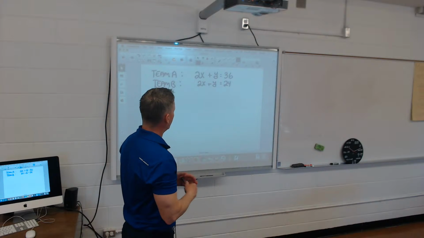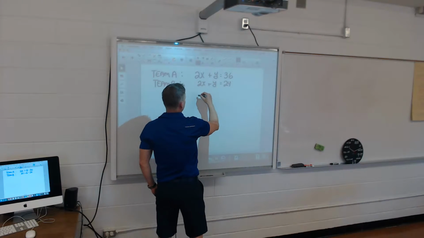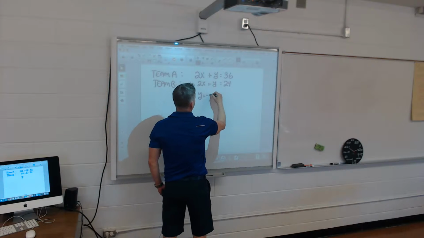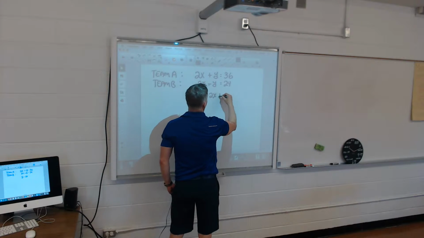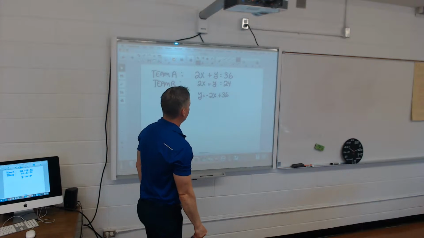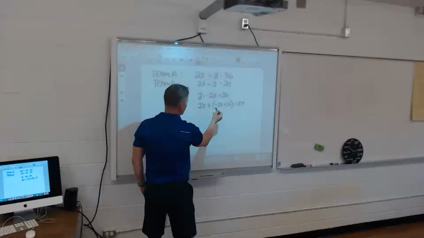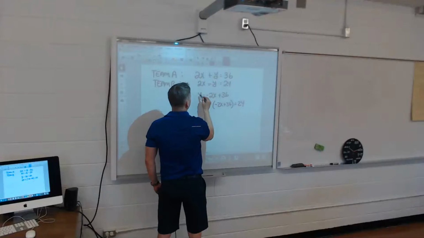I don't think it's going to, but we'll try it anyways. So let's go y equals. So for the first one, I get y equals negative 2x, add 36. Well, if I substitute x equals 24, the 2 x's are going to cancel. So I still can't do that.